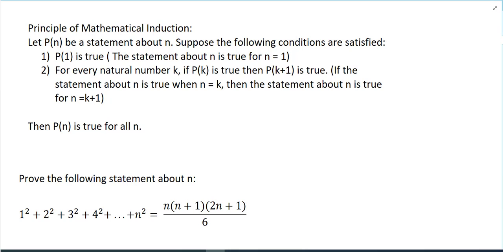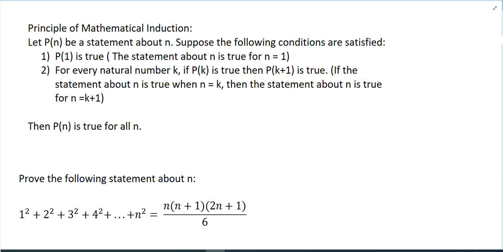The principle of mathematical induction is essentially this: if you have a statement about n, and if the following two conditions are satisfied, then we can say that statement about n is true for all n, from 1 to infinity. The first condition is that the statement has to be true for n equals 1.